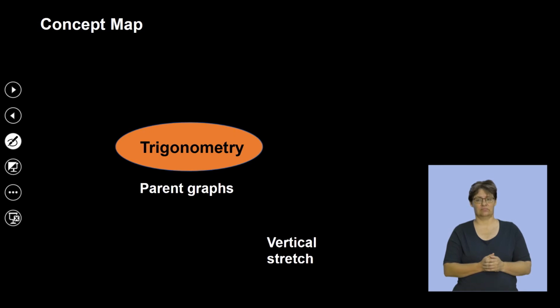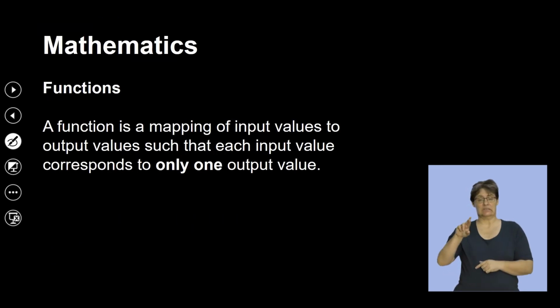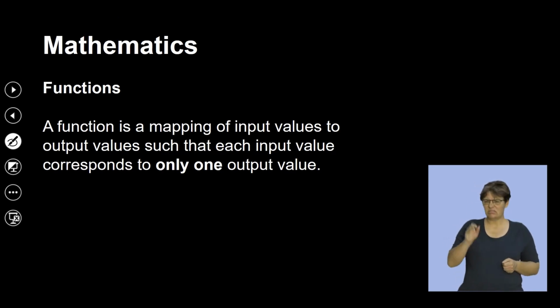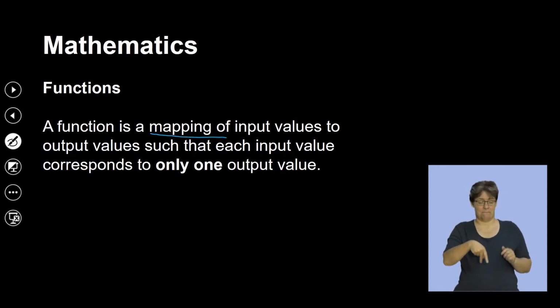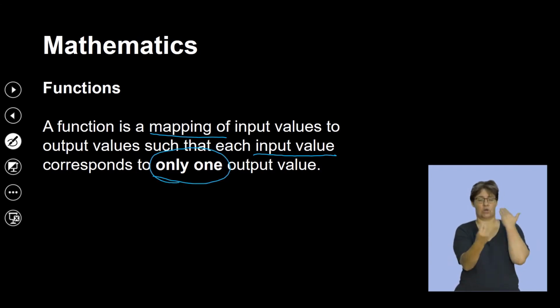Now, if we continue with this and go to the functions, we first need to ask ourselves, remember, what is a function? A function is a mapping, right? When I say mapping, I mean plotting input values to output values. But the condition is that each input value must correspond to only one output value.